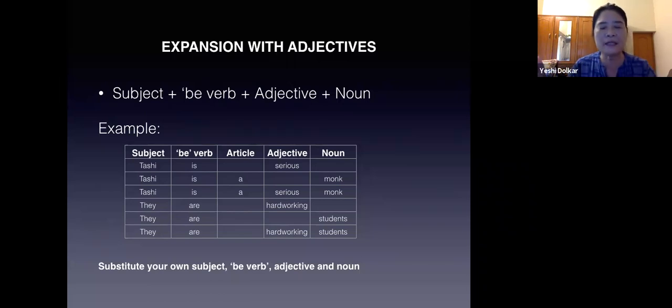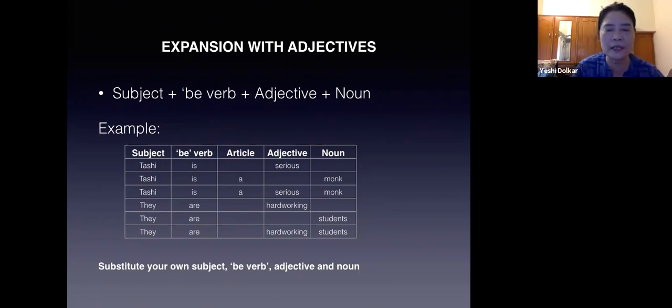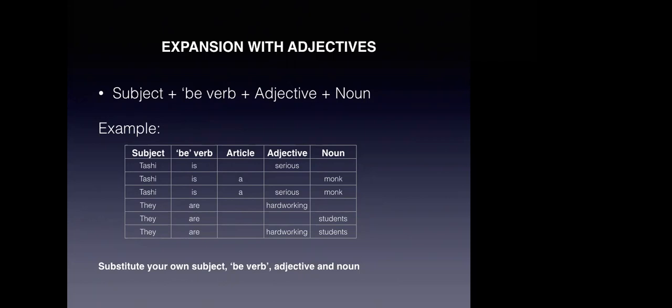See, I'm expanding the sentence with an adjective. In the same way, they are hardworking. They are students. Now I put them together. They are hardworking students. It's a plural. Hardworking students. Okay, understood.